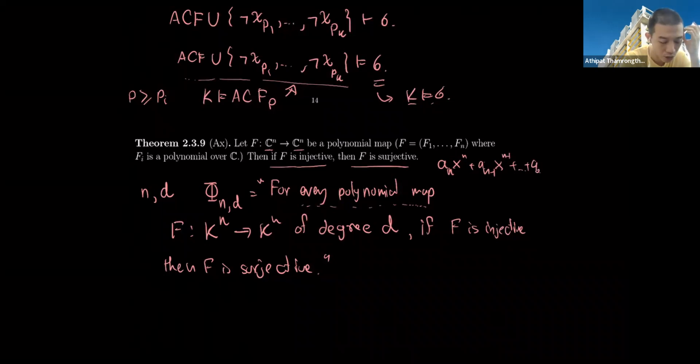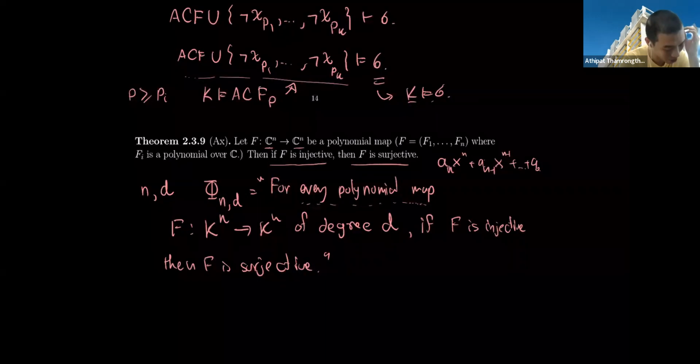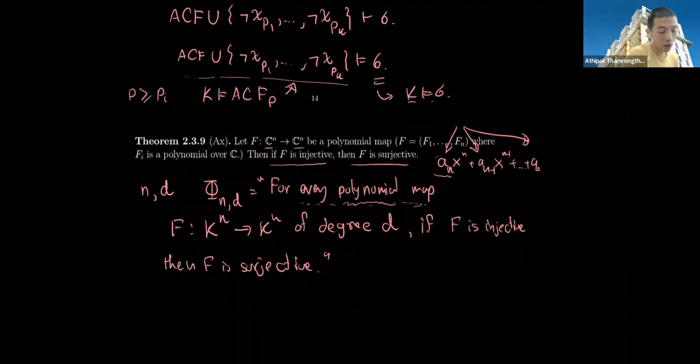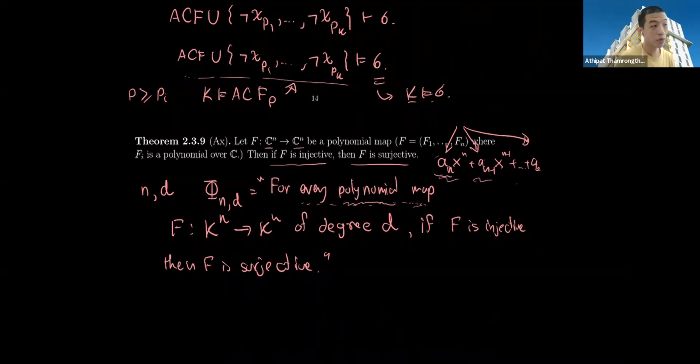The part that determines the polynomial is the coefficients. So if you want to consider all the polynomials of degree d, you consider all possible coefficients, requiring that the leading coefficient is non-zero. So you can convert from quantifying over polynomial maps into quantifying over coefficients.